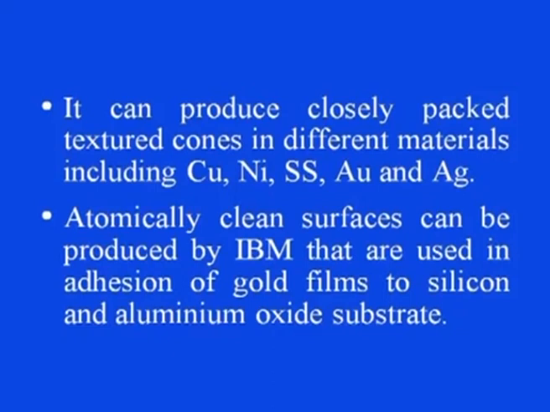The process can produce closely packed textured cones in different materials including copper, nickel, stainless steel, gold and silver. Atomically clean surfaces can be produced by the IBM process that are used in the addition of gold films to silicon and aluminum oxide substrates.